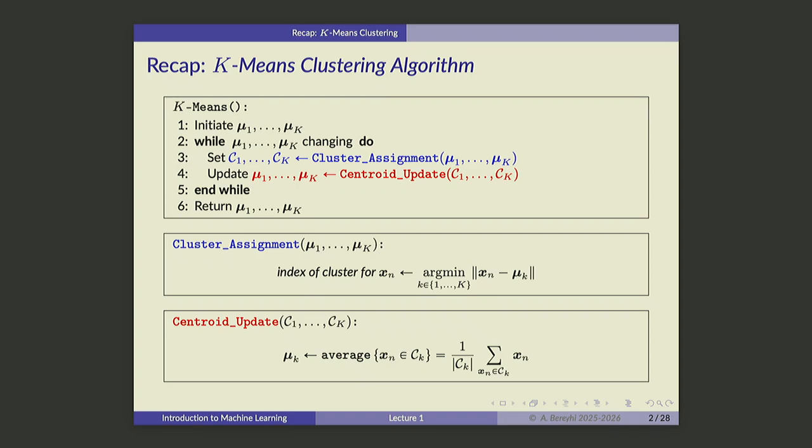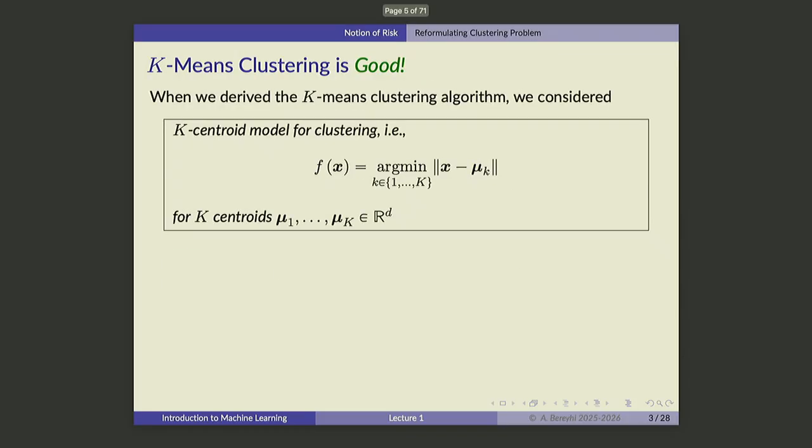You update the centroid like that, and you keep going until the algorithm converges, meaning the centroids are not getting updated anymore. Everybody recalls what we did last time? Okay, cool. So that was the idea of k-means clustering.